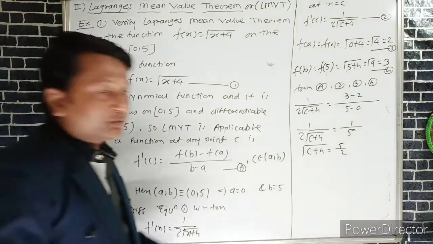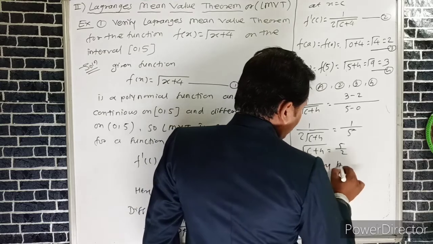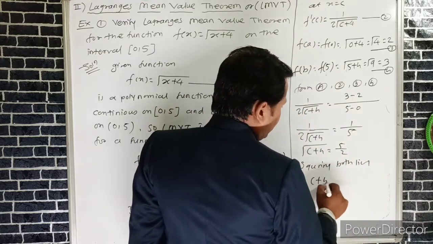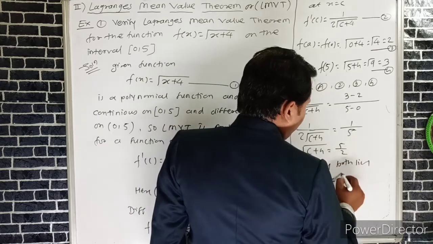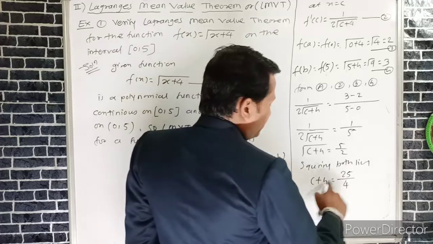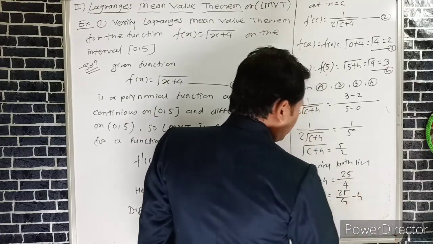If we square both sides, square and square root get cancelled. C plus 4 is equal to the square of 5, which is 25, and the square of 2 is 4. If we shift this 4 to the right side, we get 25 by 4 minus 4.